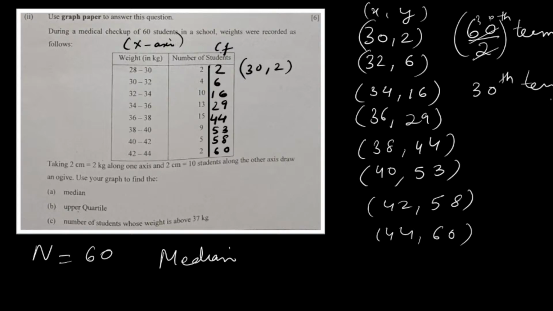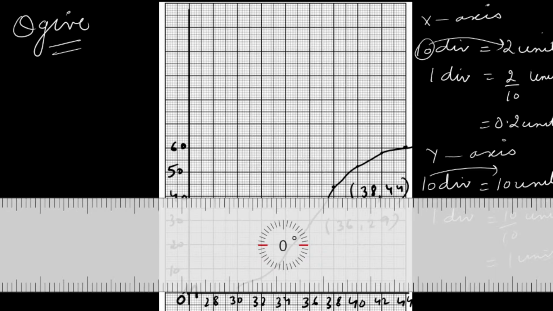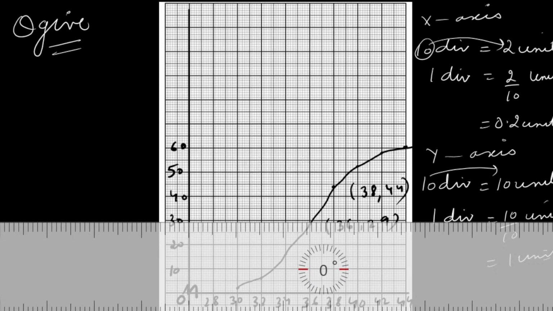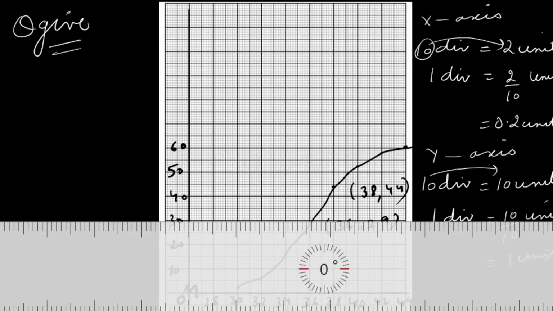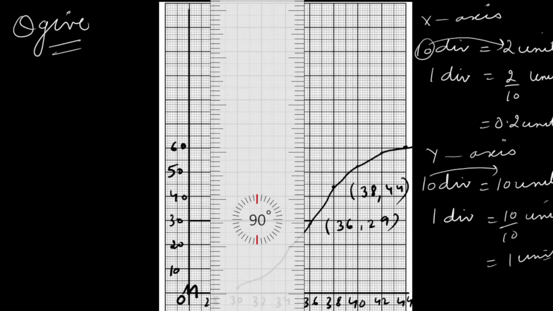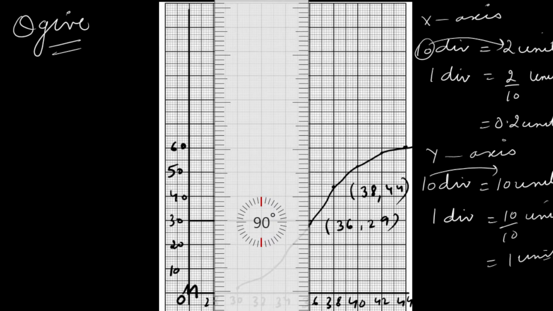With the help of the scale on the frequency axis, where the frequency is 30, from that point we draw one horizontal line. The line should meet the curve which we have drawn. From the point where the line meets the curve, we draw one vertical line which should meet the x-axis, the way I am doing here.